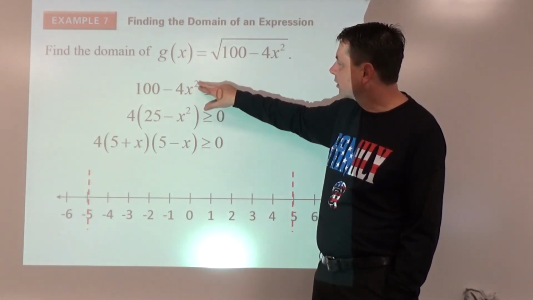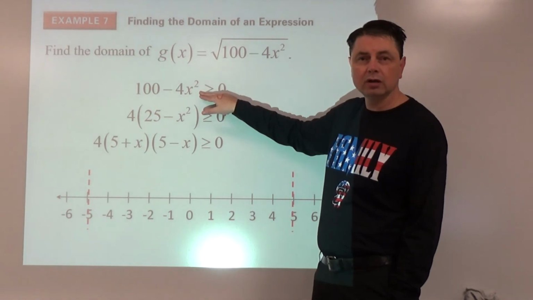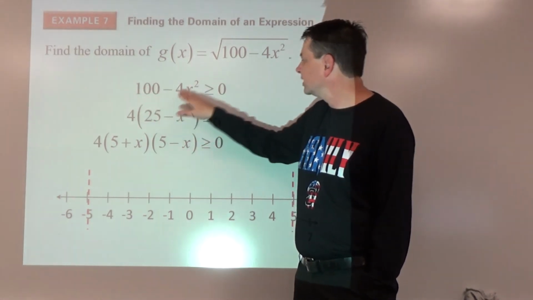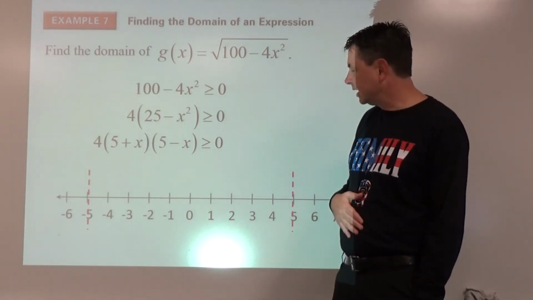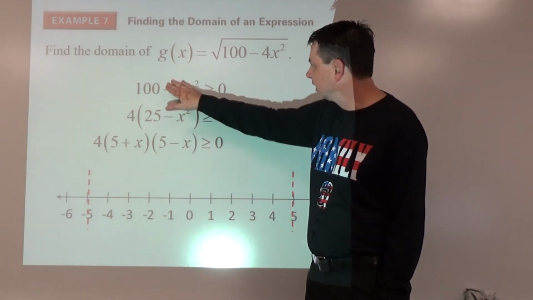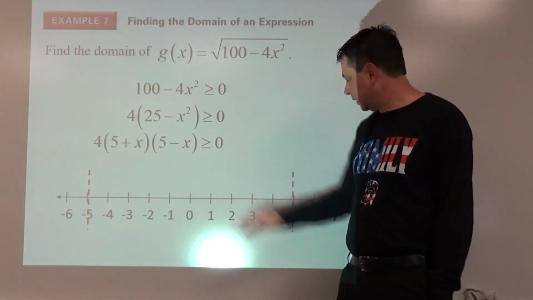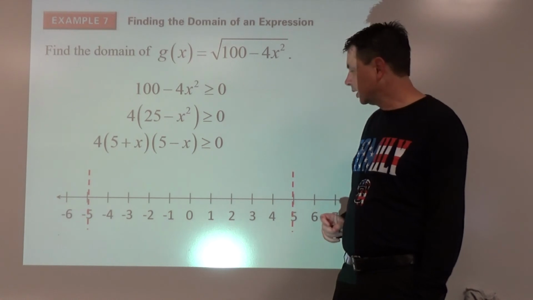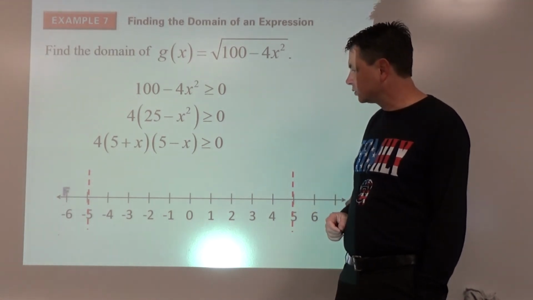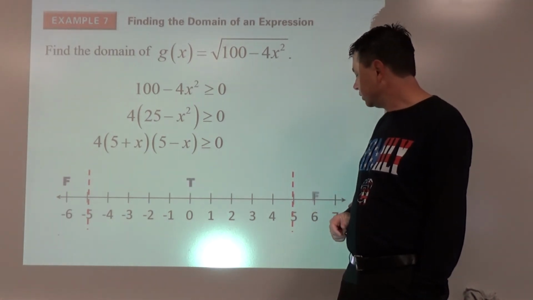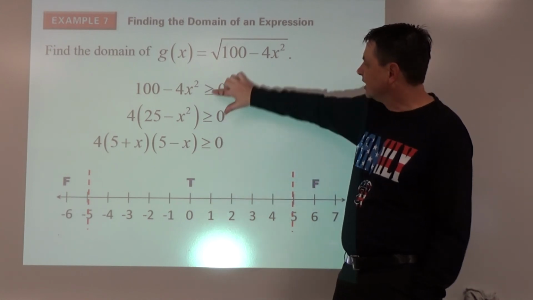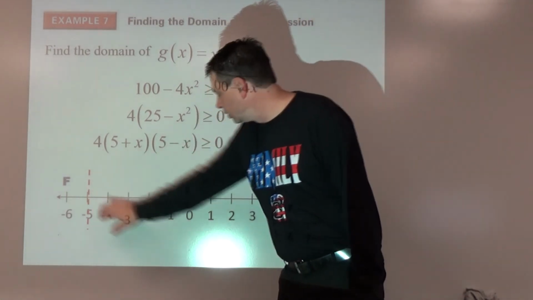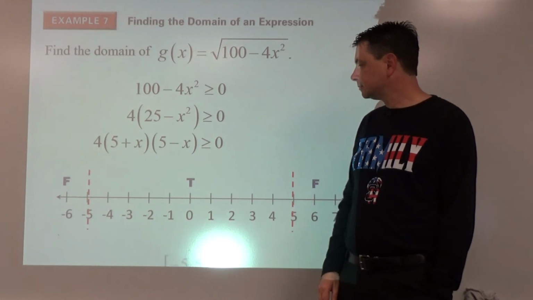So it will be 36 times negative 4, add the 100. Is that greater than or equal to 0? No, it's not. If we try 0, we get 100 greater than or equal to 0. True in the middle. So it would be false out on the outside as well. So false, true, false. It does have the "or equal to," so we're going to go with brackets.